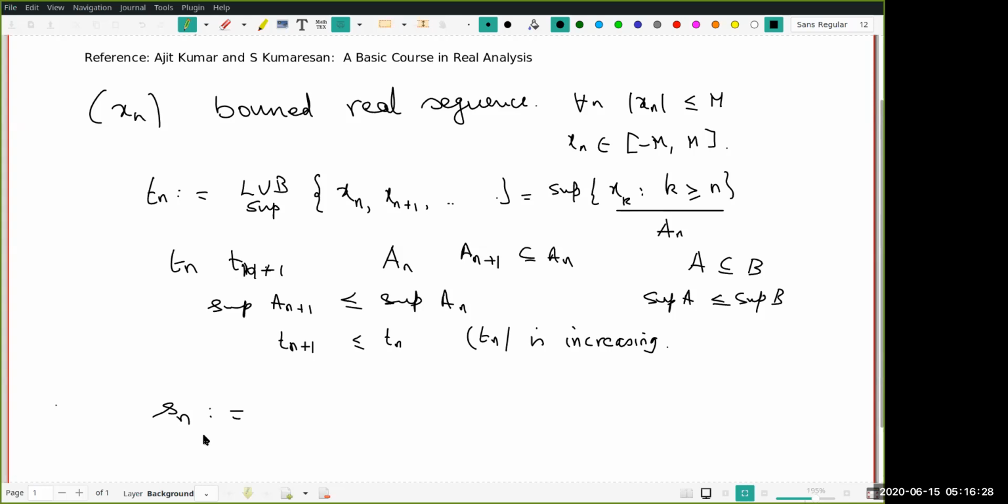So let us define it. Let us define Sn to be the infimum of An, that is, the GLB or infimum of xk, where k is greater than or equal to n.